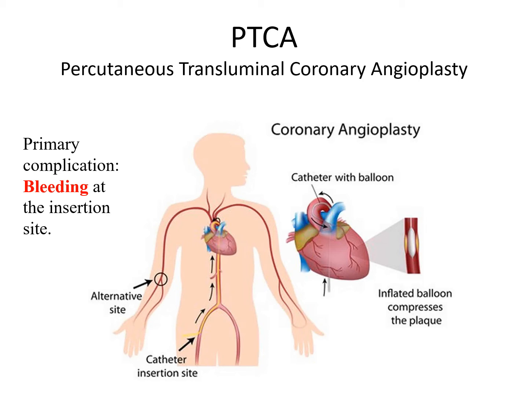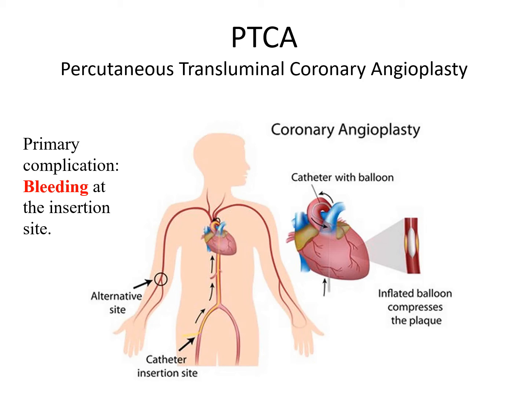The primary complication of this procedure is bleeding, okay? And the bleeding is occurring at the insertion site. So a lot of pressure is applied after this procedure, especially in the groin area. The alternate site in the arm has less risk of bleeding associated with it.